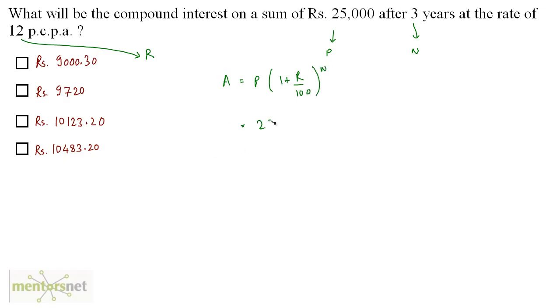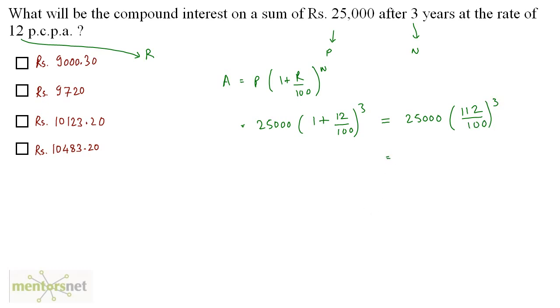So principal is 25,000 into 1 plus rate is 12 upon 100 raised to 3, right?